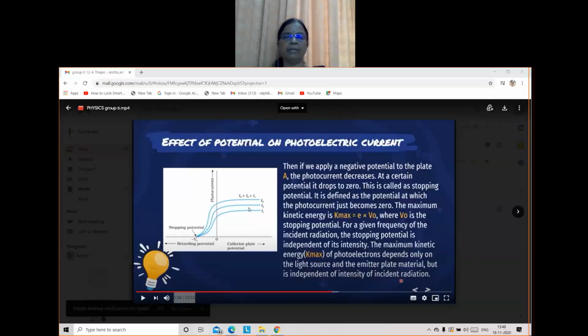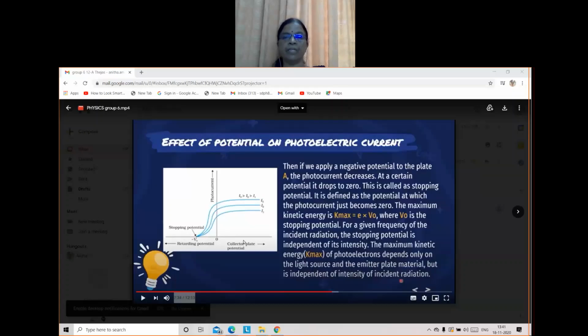Then which has the effect? The frequency of the incident radiation. So frequency and kinetic energy are related. It is not depending on the intensity. The kinetic energy of the electron depends only on the frequency of the incident radiation. It is independent of the intensity.